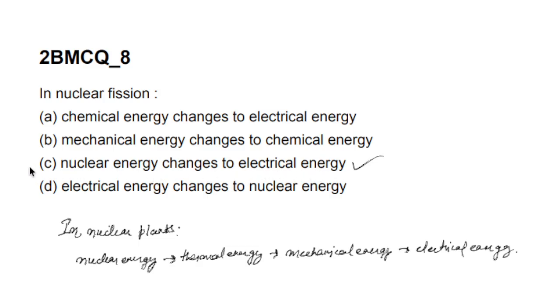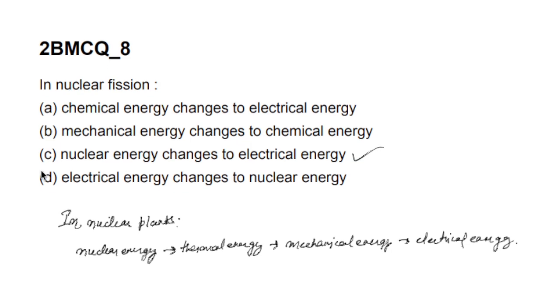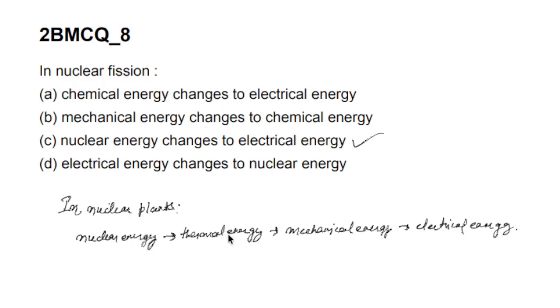But here we will say option C is correct. What happens in between is not mentioned, but option C is the better answer, so the answer will be C. I have written here: nuclear energy gets converted into thermal energy, then into mechanical energy, and then into electrical energy. But in this question, only the extremes were given, not the middle ones.